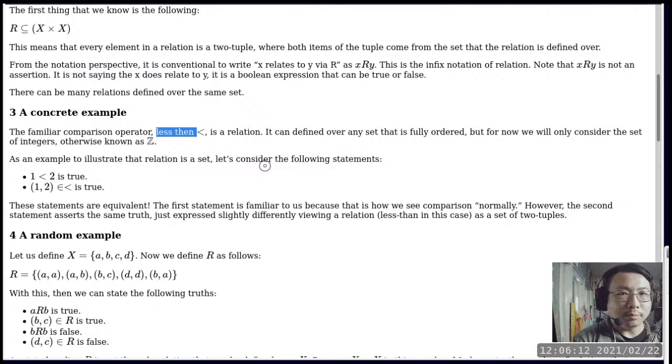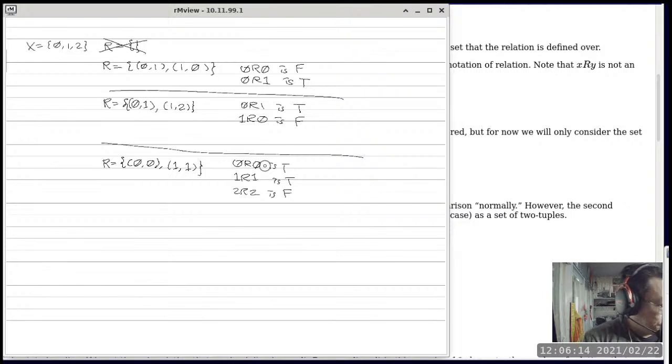So in this case, we have less than, I'm just keeping less than as a symbol, but this time it is the name of a set. Because we're comparing integers, it is a subset of the Cartesian product of integers with integers.